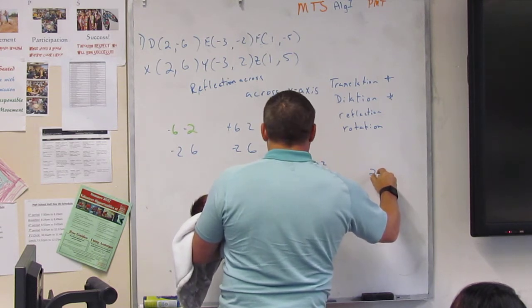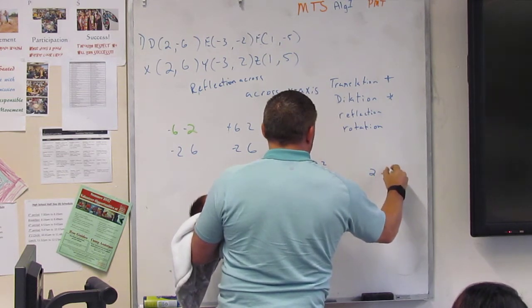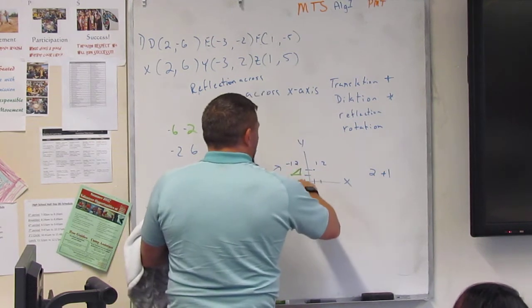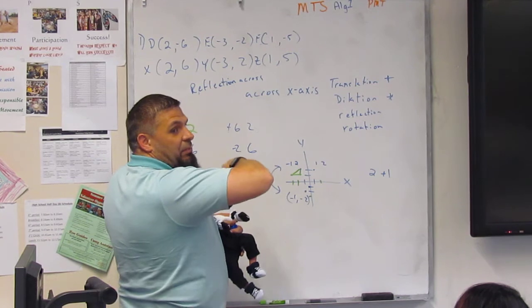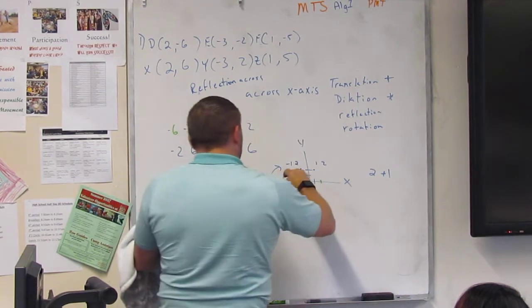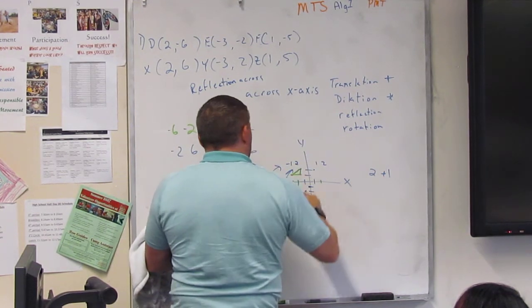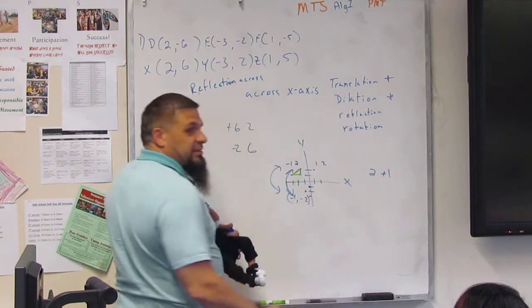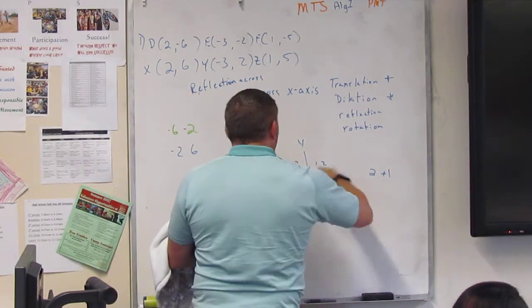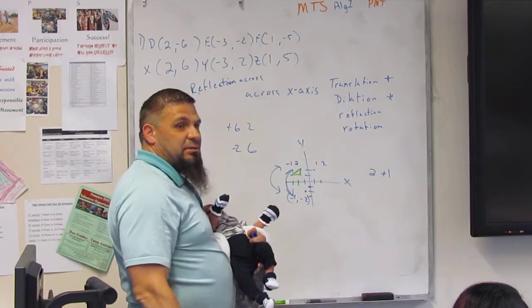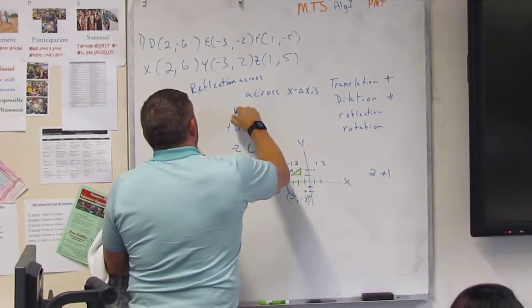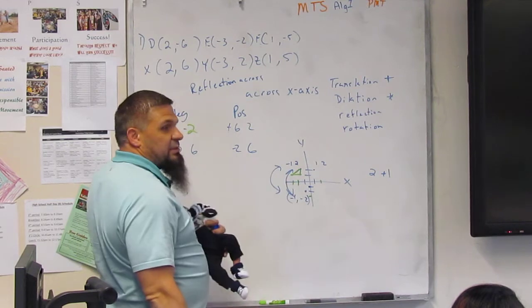So 2, negative 1 would become a positive 1, so it would be 2, 1. So that would be a 90 degree rotation in the negative direction, because this is negative, whereas this is positive. So this is what we call a negative rotation, 90 degrees, and this is a positive rotation.